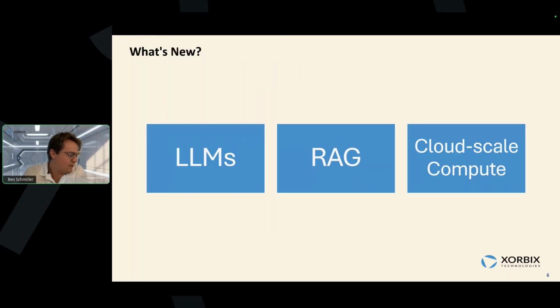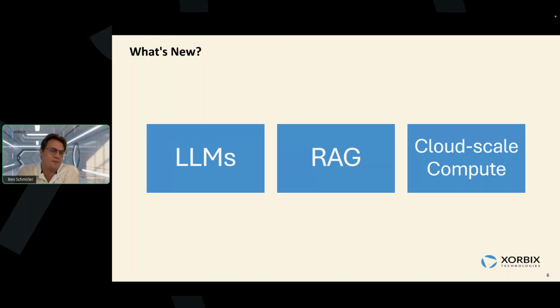All right. So what's new? What's allowing us today to do this better, cheaper, faster than maybe a decade ago? You're probably familiar with these large language models. They give us reasoning over unstructured text instead of rigid pattern matching.